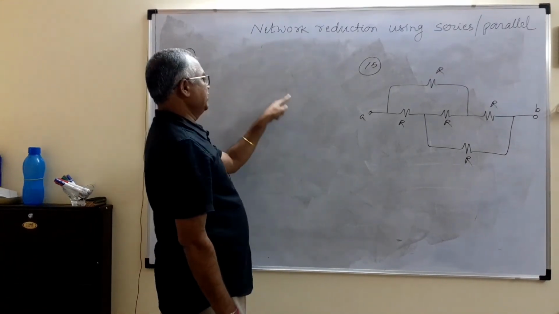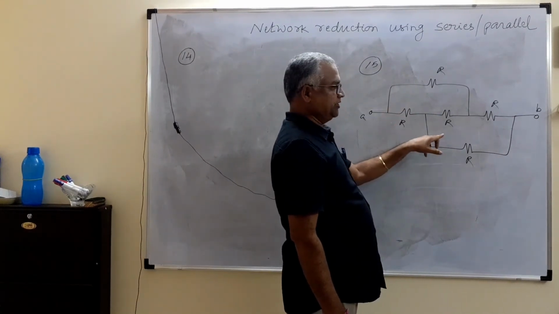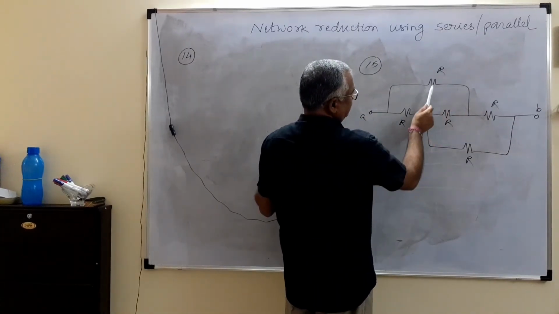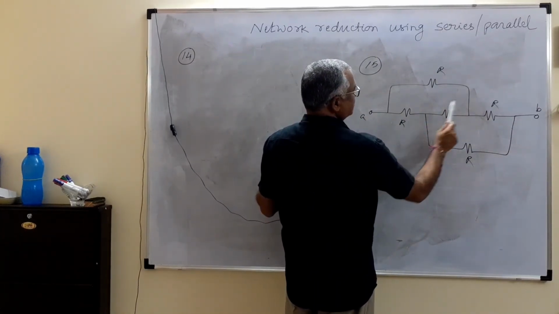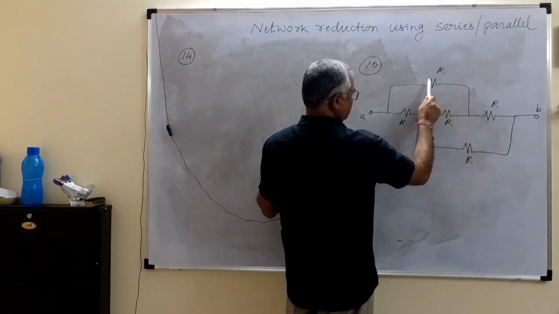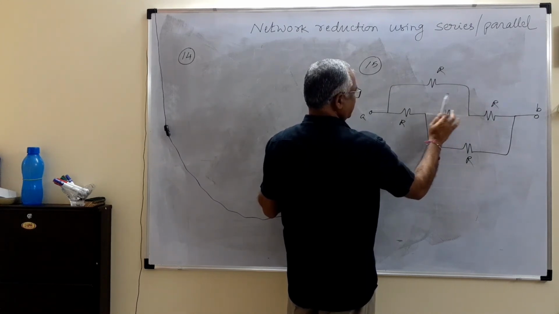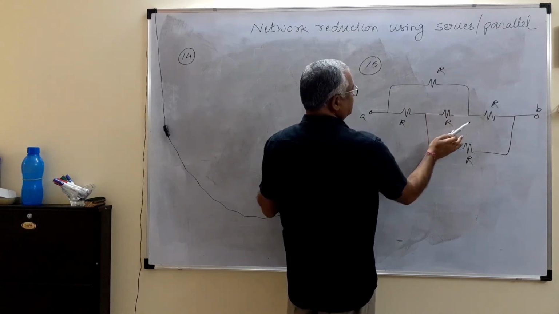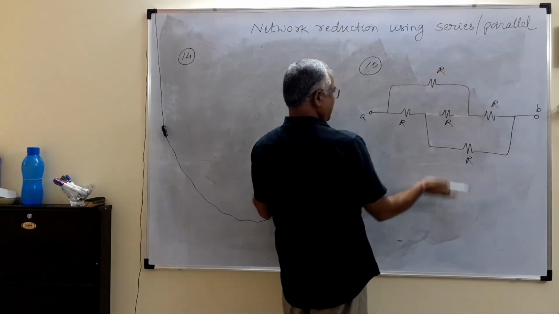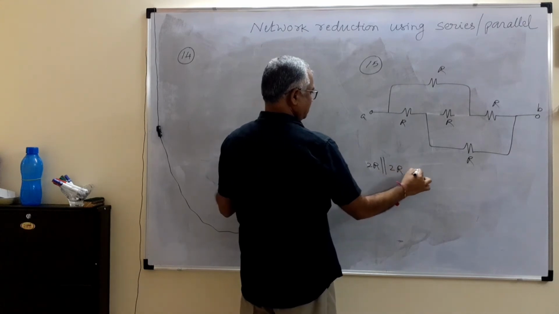Previously it is looking like delta but not delta. Here it is not looking like bridge but it is a bridge. Observe carefully, 5 elements are there. This into this equal to this into this. All values are equal. So bridge balanced. When bridge is balanced, I can think like open. If it is open, R plus R, 2R, R plus R, 2R, 2R, 2R parallel. What is the answer? R.